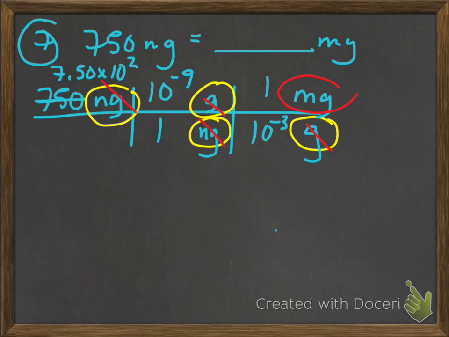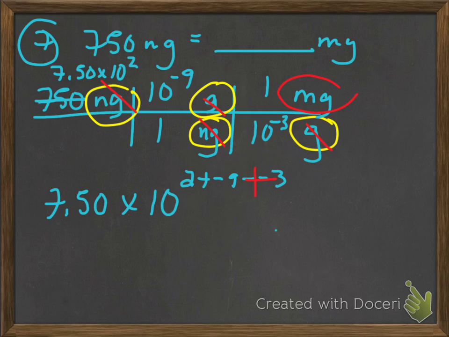Okay, this is a nice one because it gives us a really good opportunity to screw up our math with exponents. So, our answer is 7.5 times 10 to the 2 plus -9 minus -3. I know some of you look at the negative minus a negative and do that. That's fine.